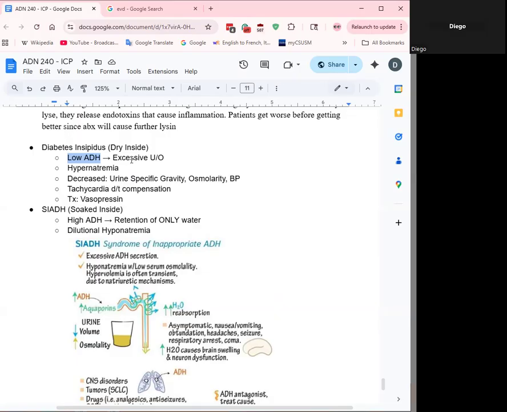So in this condition, you're peeing a lot, you're only losing fluid, you're not losing electrolytes. So in your circulation, you have a level of salt that has lost a lot of fluid. You become hypernatremic, but this one is hypernatremia due to hypovolemia. So, hypovolemic hypernatremia.